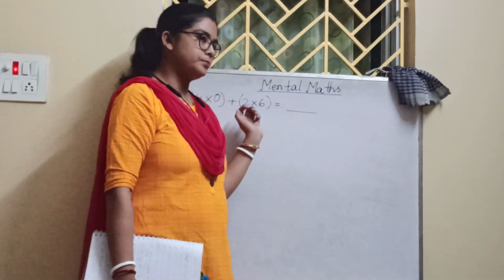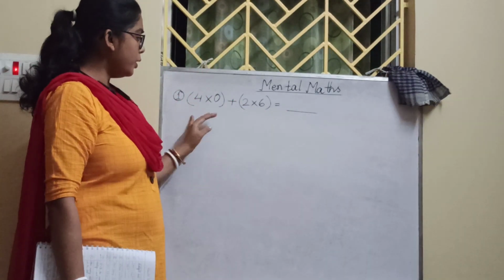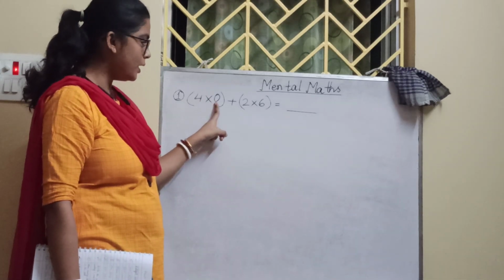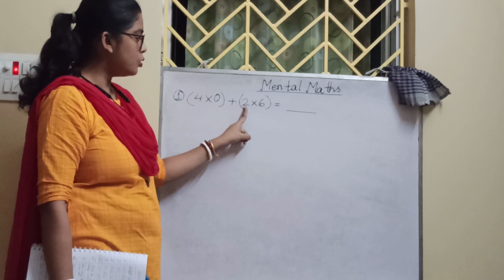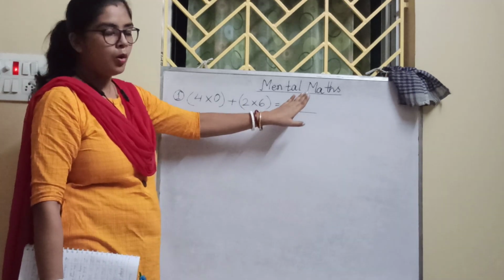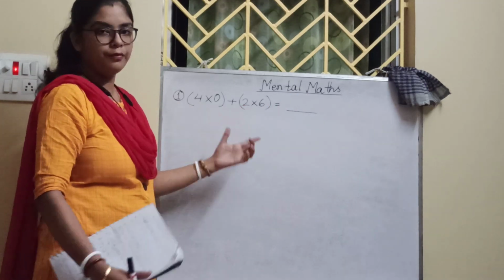The first sum, which we have already given. What is it? 4 into 0 plus 2 into 6 equals how much? Okay, now how will you solve it?